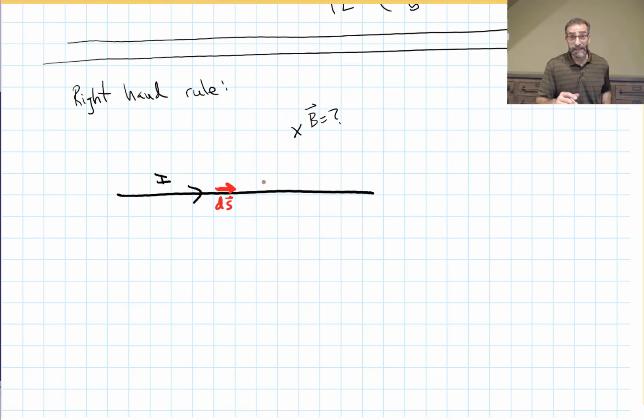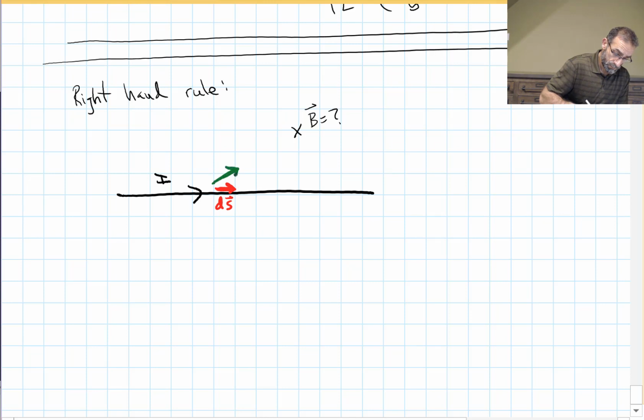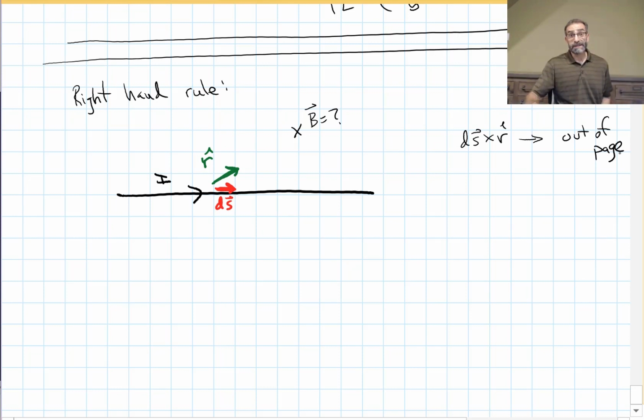So when you use ds cross r hat, what direction do you get for your magnetic field? Out of the page. ds cross r hat out of the page.